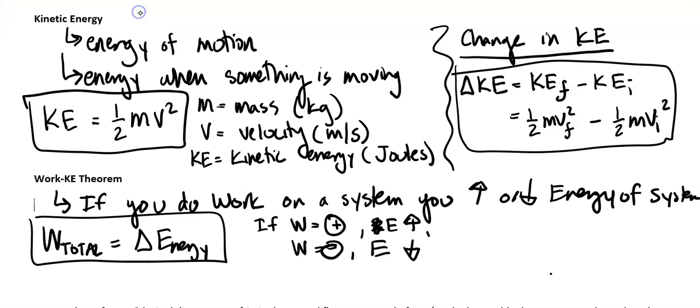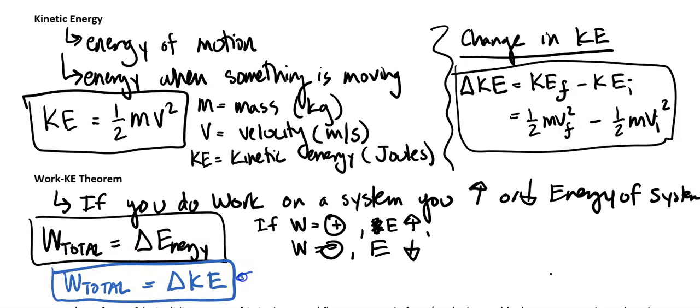Oftentimes when we solve problems, as long as other types of energy aren't changing, we will use that the total work is equal to the change of KE. This equation we'll be able to use 90% of the time. So again, if work is positive, then the kinetic energy will increase, and if the work is negative, the kinetic energy will decrease.